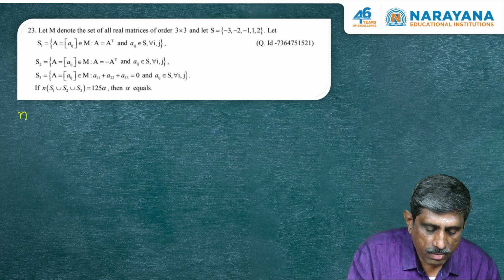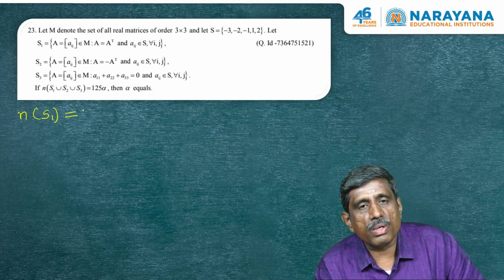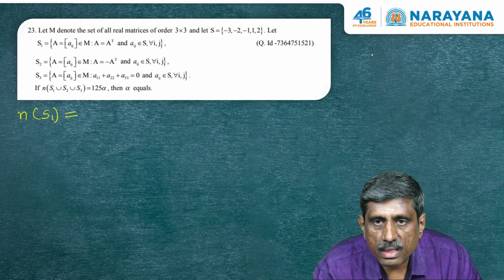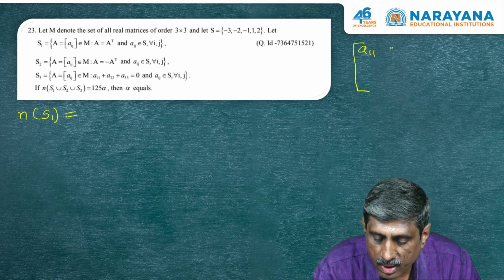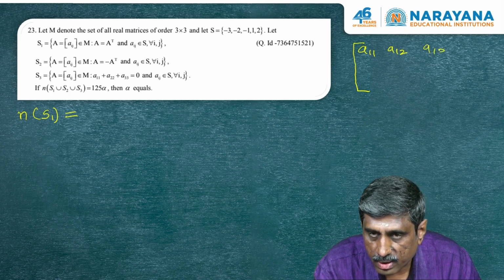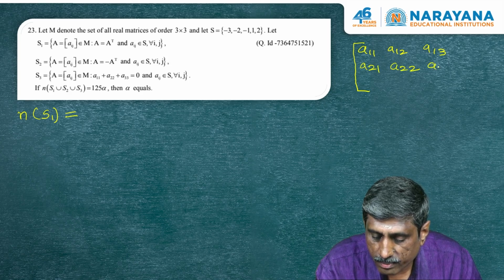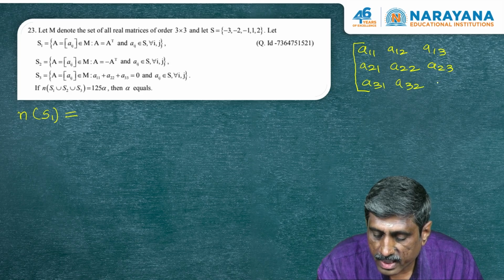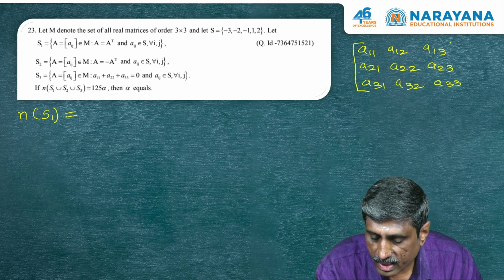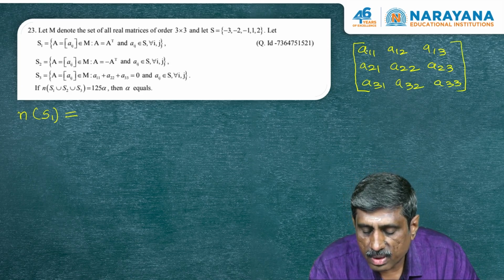Let us calculate what is n of S1. If you want A is equal to A transpose, definitely you have to understand that you have a matrix like this. Let us say the matrix is A11, A12, A13, A21, A22, A23, A31, A32, A33. In this case, if you want the matrix to be symmetric, we can form the elements only in the diagonal and upper diagonal.